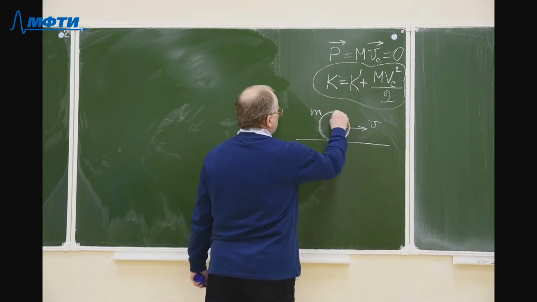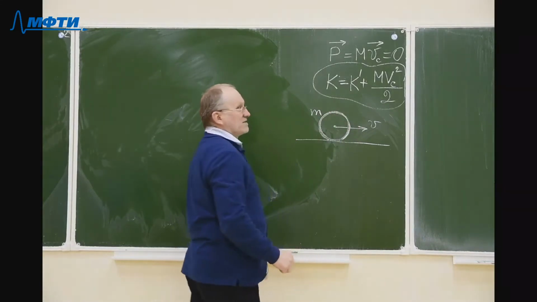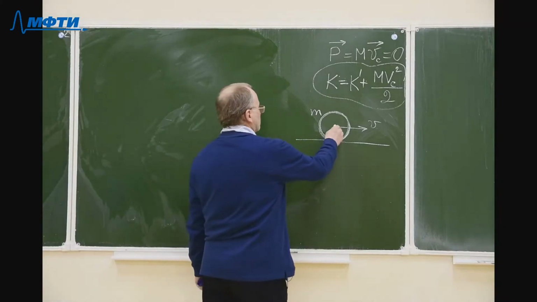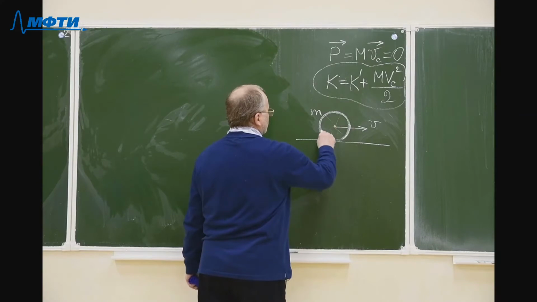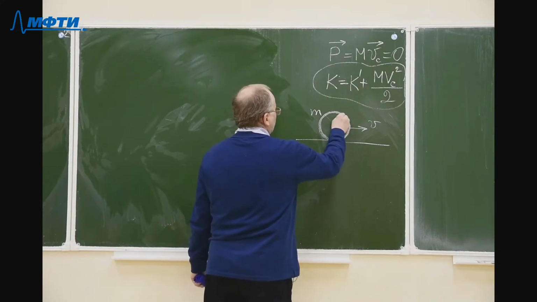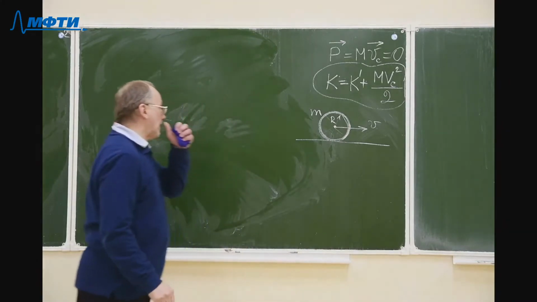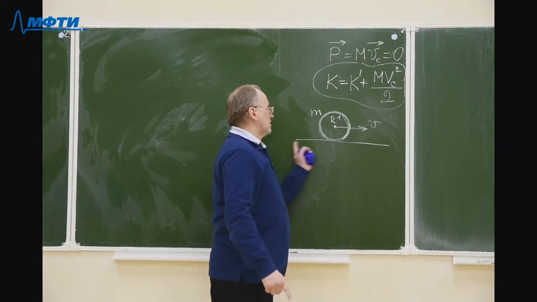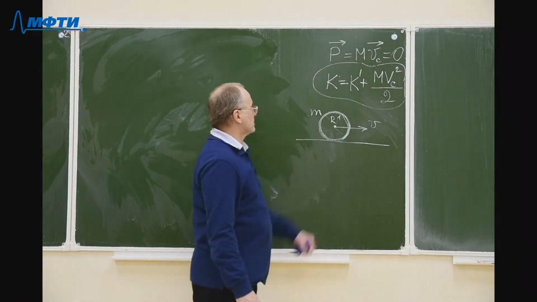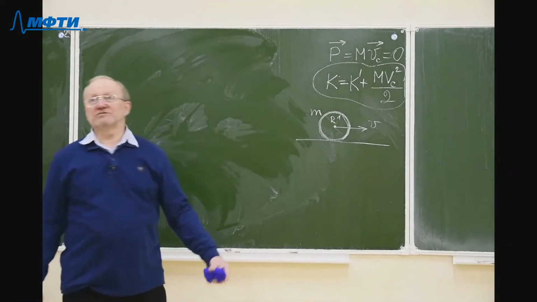Here is all the mass, like a bicycle wheel. So the mass here is negligible, and all the mass is concentrated at radius r from the center. Such a bicycle wheel rolls along the road with velocity v. What is the kinetic energy of this object?